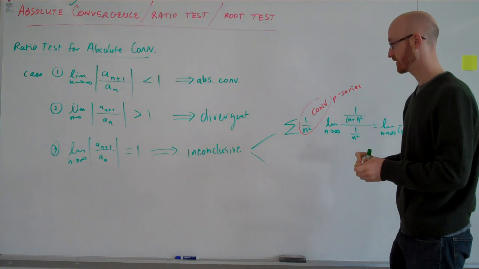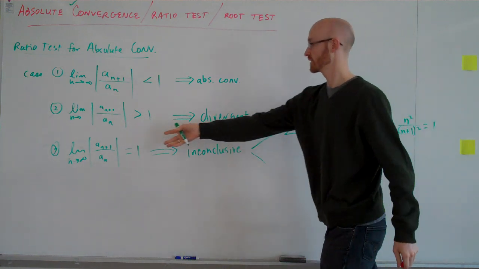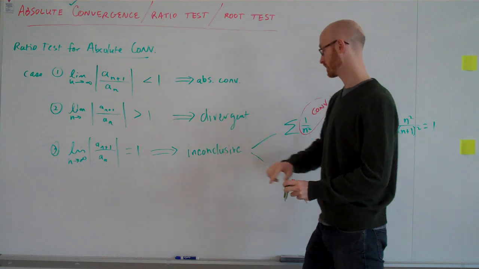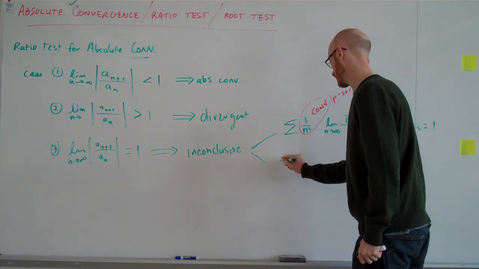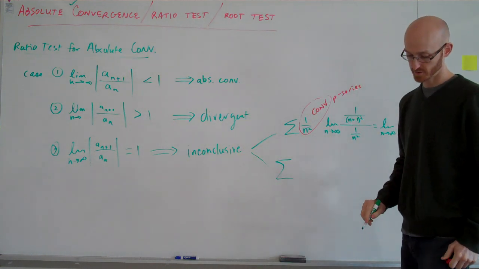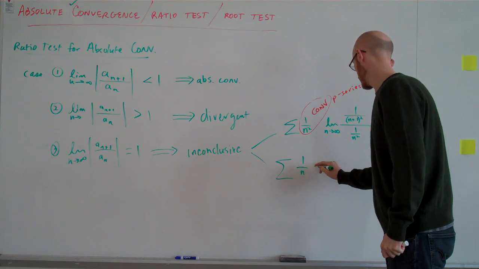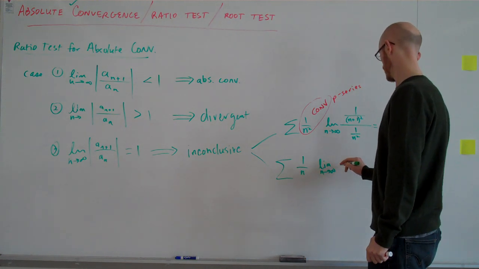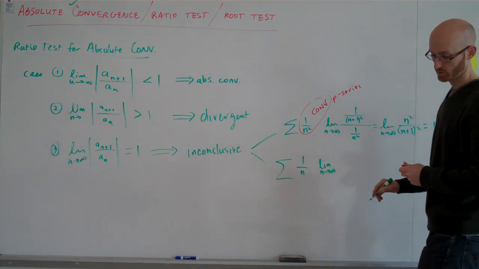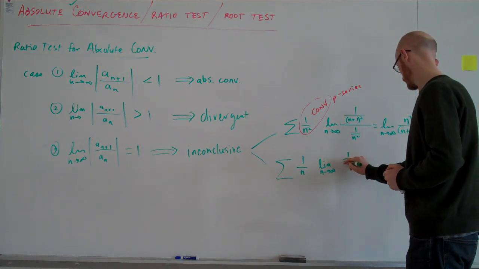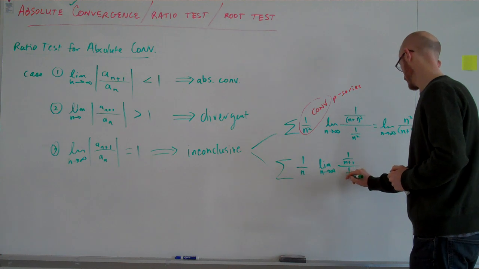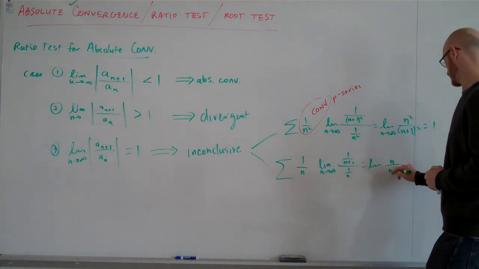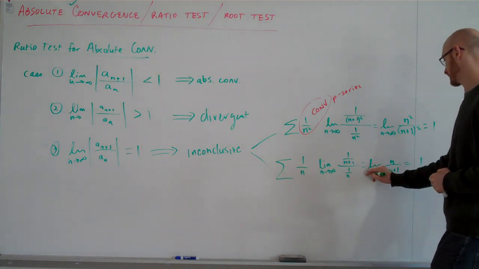I know this thing is convergent because it's a p-series. Now, to bring us back, I'm trying to explain to you why, if the ratio equals 1, we're inconclusive. So the other one I would pose to you is our friend, the harmonic series. We're just going to take the limit of the next term, which will be 1 over n plus 1 over 1 over n, which will be limit n over n plus 1, and same deal here.